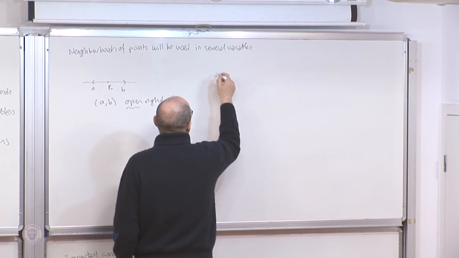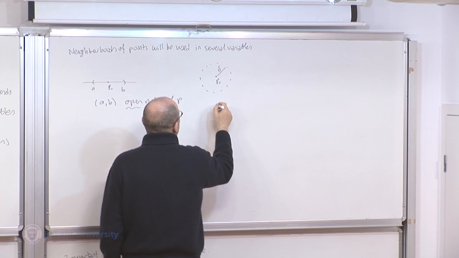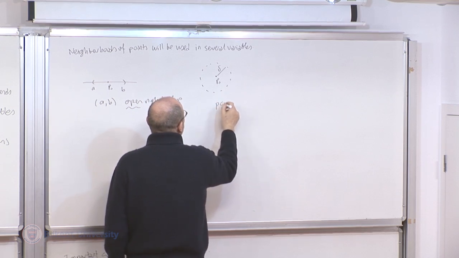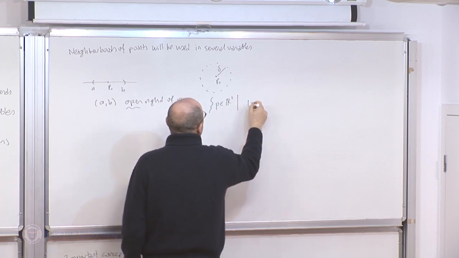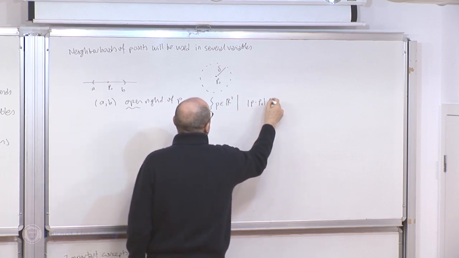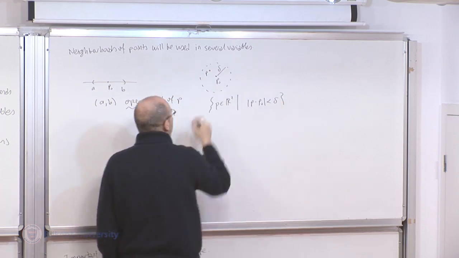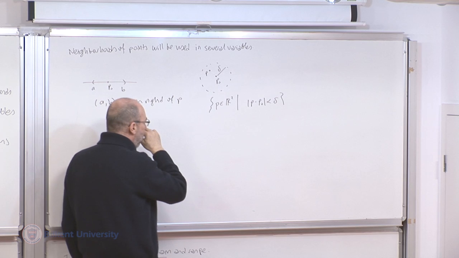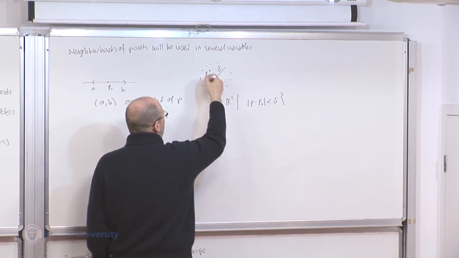In 2 dimensions, we have this ball. Okay, so this radius is delta. So we talk about the set of all points in R2 such that the distance between P and P sub 0 is strictly less than delta. Okay, so P should be chosen like this. If you choose P here, on the boundary, okay, we look at this thing.